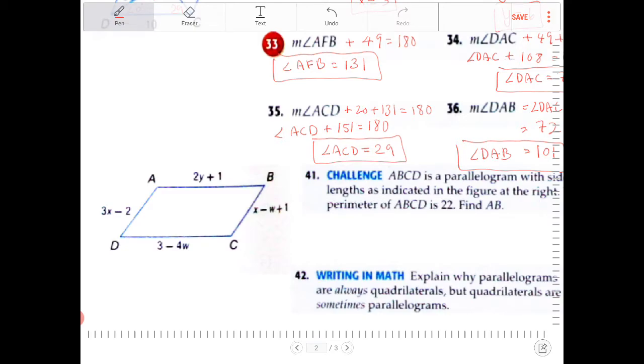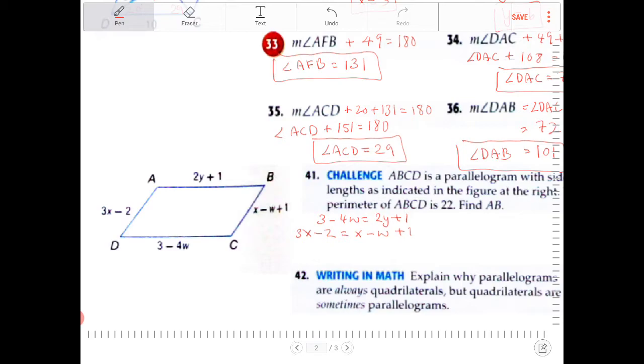So I know that 3 minus 4w is equal to 2y plus 1. And I also know that 3x minus 2 is equal to x minus w plus 1. Looking at this, I have 3 unknowns.